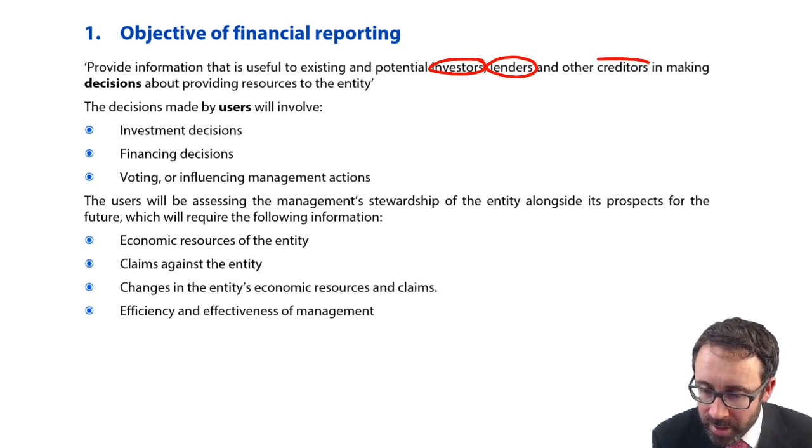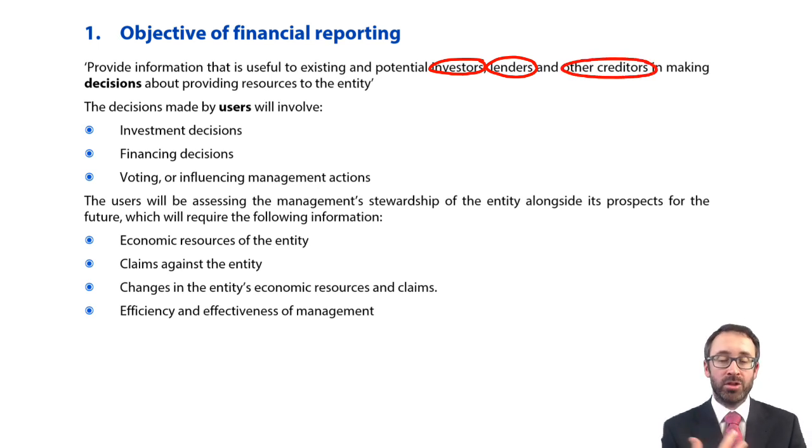And then your other creditors, so your suppliers. Because the investors, the lenders and the creditors want to understand what the business is doing and how it is being managed, since the investors provide money, the lenders provide money, and the other creditors are providing short-term finance.